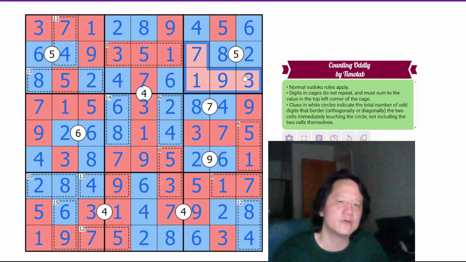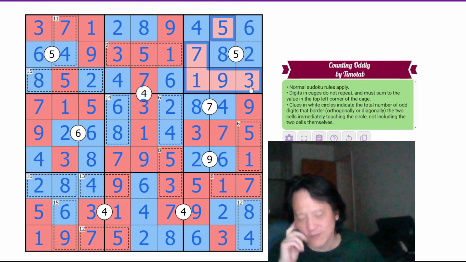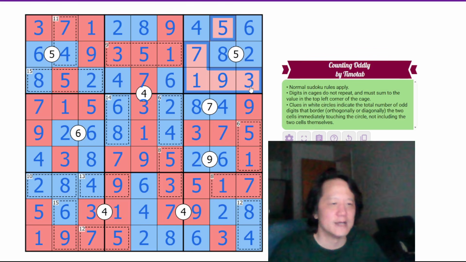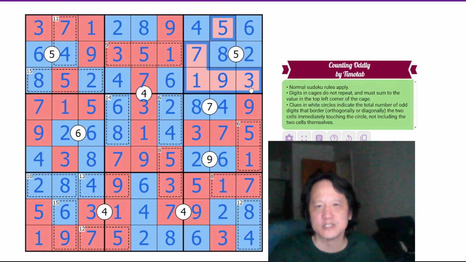I mean, it does clue things in that you're counting the odd numbers. So maybe that makes it easier for people to think about. I feel ambivalent about this because it doesn't feel like a very easy puzzle to me. It feels like more of an easy puzzle.